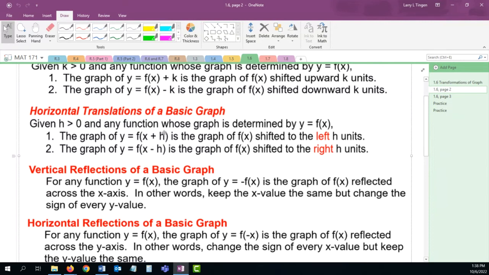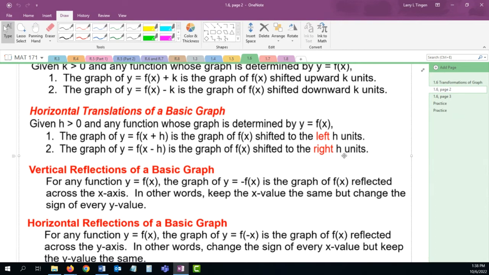So if I add h on the inside, before when we added something we moved up, and when we subtracted we went down. That fits in line with what we're used to, but now it's going to go the other direction. If I add on the inside, I shift to the left. If I subtract on the inside, I shift to the right.